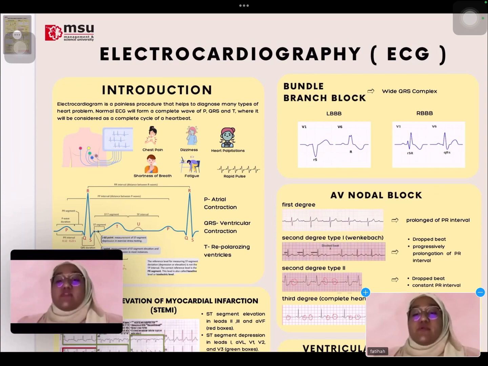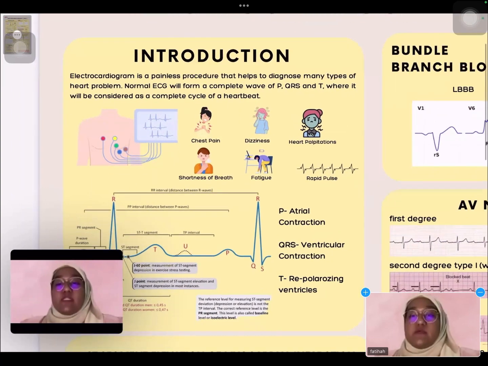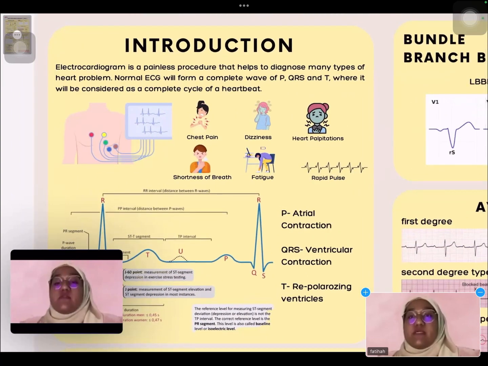So an electrocardiogram is a painless, non-invasive way to help diagnose many common heart problems. A healthcare provider might use an electrocardiogram to determine or detect arrhythmias, blocked or narrow arteries in the heart causing chest pain or heart attack.